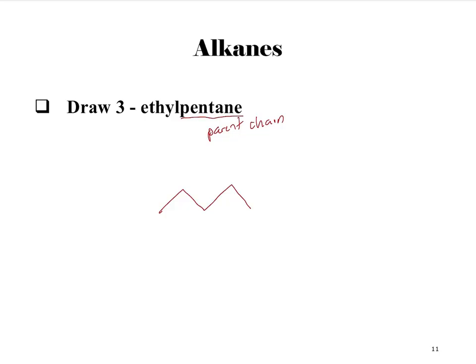And then 3-ethyl says on the third carbon we have how many carbons attached to it as a substituent group? What does the prefix eth- mean? 2, right? So this is 2 carbons. So on the third carbon, 1, 2, 3, we have 2 carbons attached to that. So we have an ethyl group there.